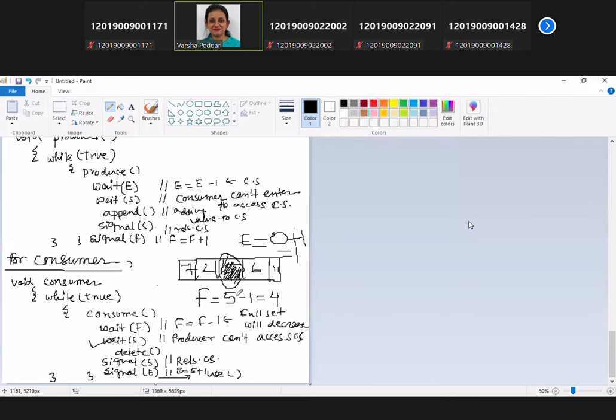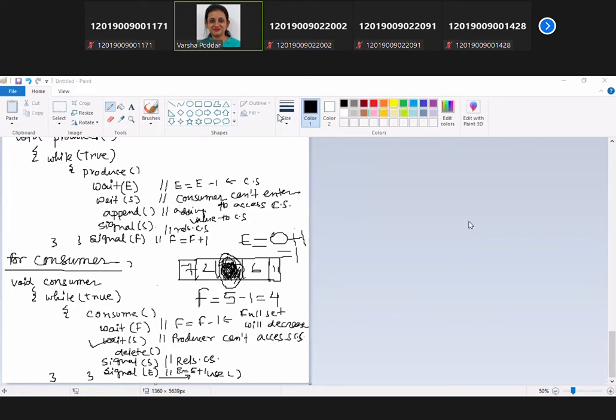So now after deleting this 5 place, we have 7, 2, then vacant, then 6, 11. That means the full set is 4. In 4 places I have values, and the empty place is just 1. Right? Did you understand? Yes, wait S is for the critical section.